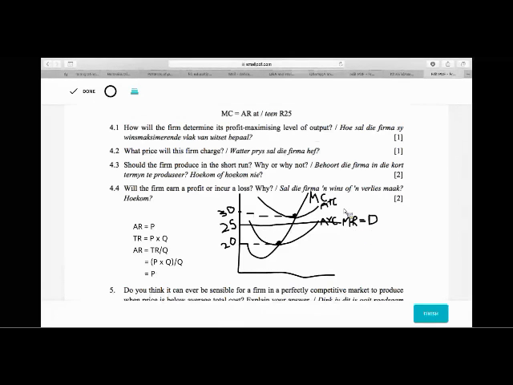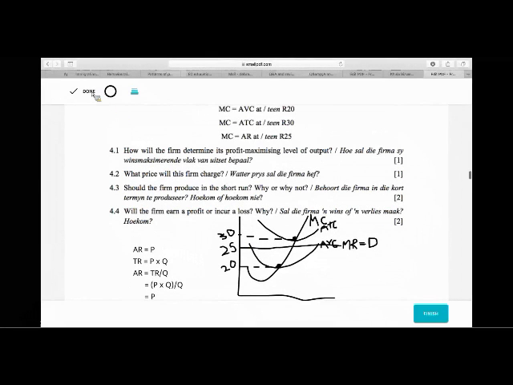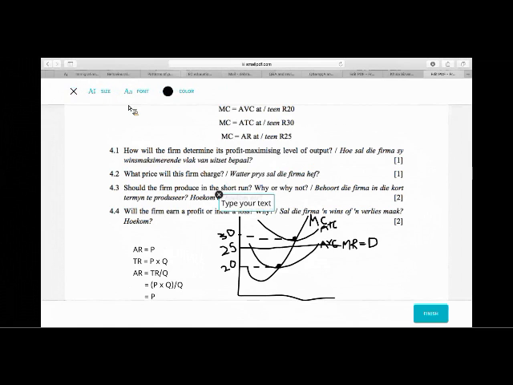The first question says, how will the firm determine its profit maximizing level of output? So the way that firms determine what output maximizes its profit is it finds where MR equals MC and produces the output at that point.